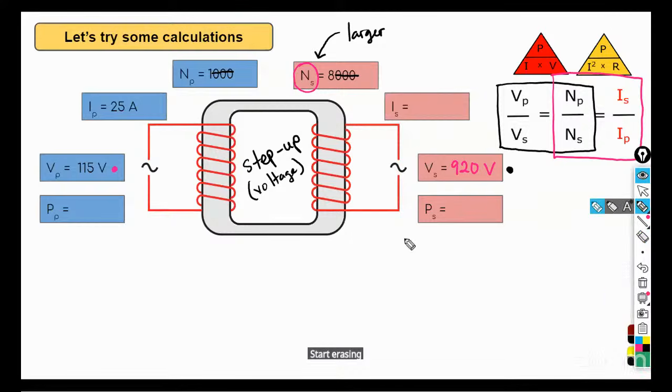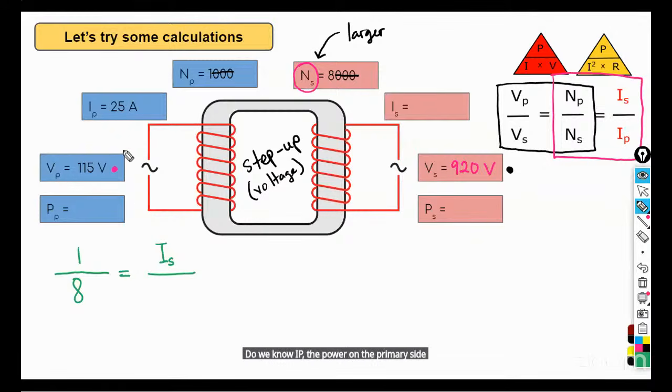Let's use green here. NP, I'm using 1. NS is 8. It's on the screen there. IS, we don't know IS, so we just put IS. Do we know IP, the power on the primary side? Yes, 25. Look how simple that was.